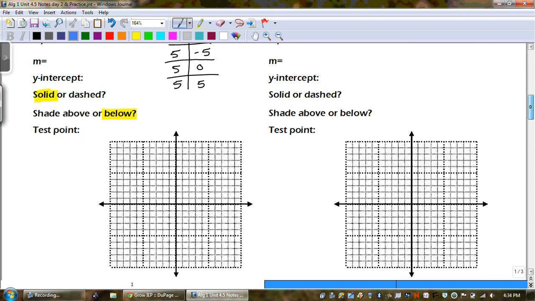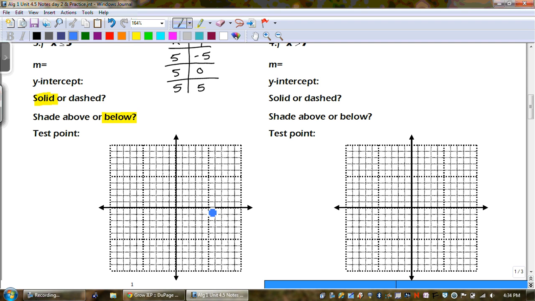When x is 5, y is negative 5, and it's solid. When x is 5, y is 0. And when x is 5, y is 5. So there's my solid line. Now I can answer some of these other questions.